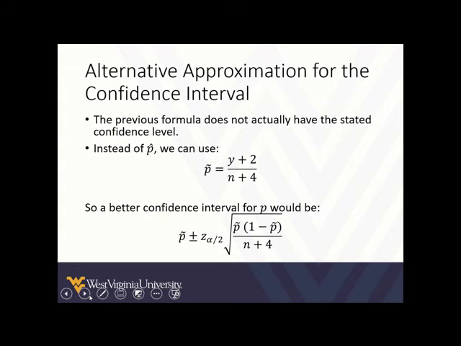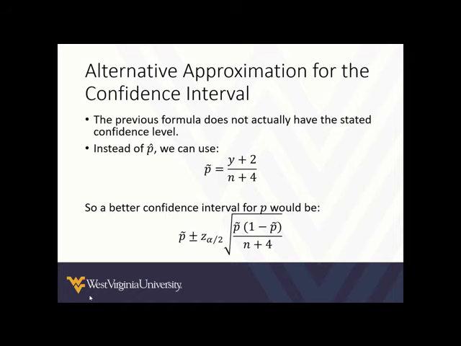All right, so I don't want you to get too attached to that formula we just used because as you can read in your textbook, there is actually an alternative approximation for a confidence interval for your population proportion P. And the reason for this is some very smart statisticians did some work and discovered that that previous formula does not actually have the stated confidence level.